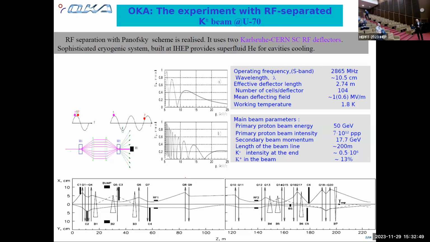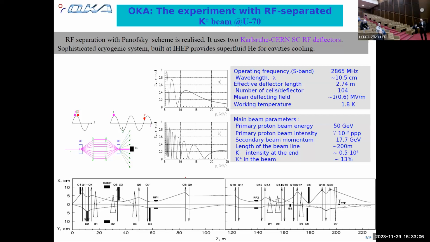cavities, which oscillate with very high frequency, the so-called S-band, and they provide deflection of particles in the vertical direction.